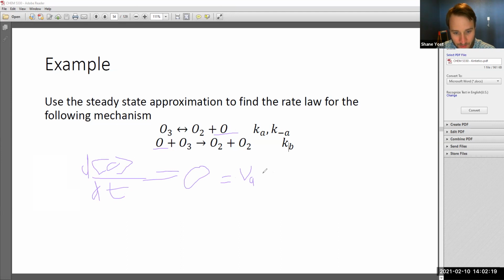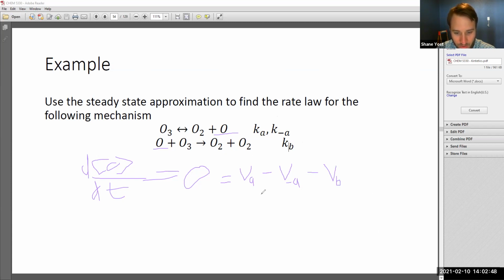It's being consumed in the reverse reaction, v minus A. So the concentration decreases at whatever rate the reverse reaction in equilibrium is going. Oxygen is also a reactant and is being consumed in the second reaction, so it's going to be minus vB, the rate at which that second reaction is occurring.